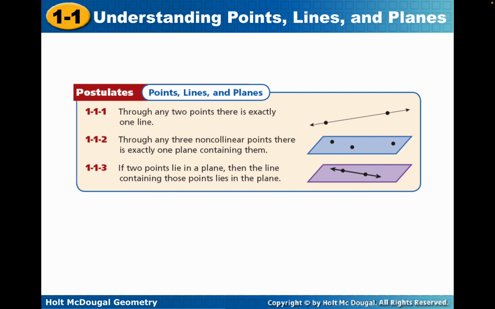We said it's collinear if they're all 3 on a line, but they would not be collinear in that instance. There's one plane containing them in the second example, and there's that third one as well, okay?